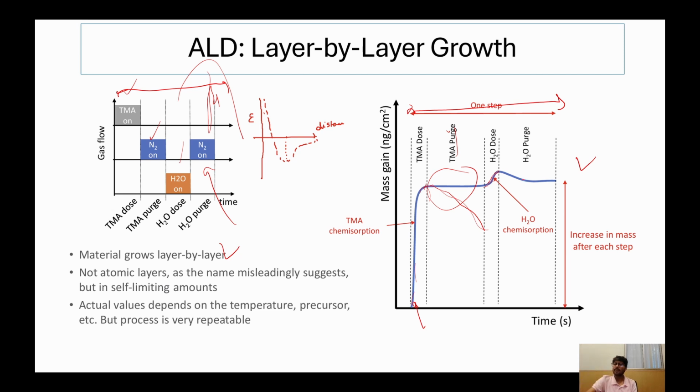During that time the mass decreases a bit. This is the mass gain in a single cycle. This is nanogram per centimeter square that you can see.